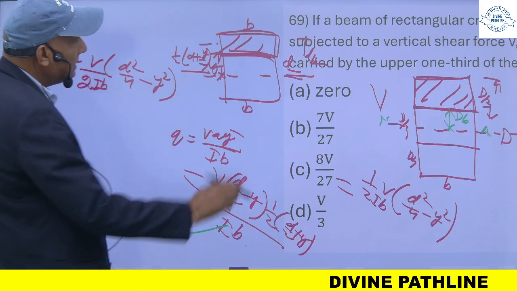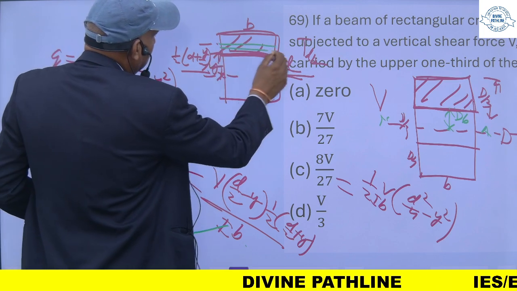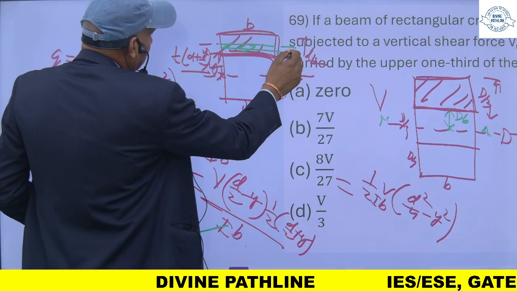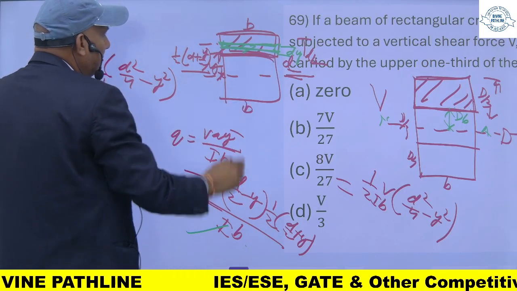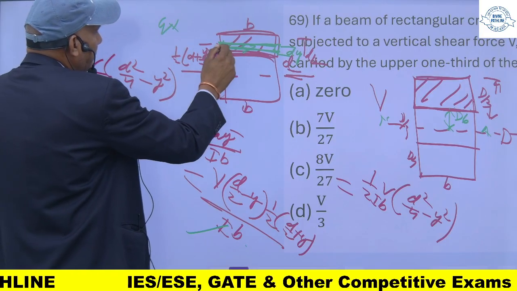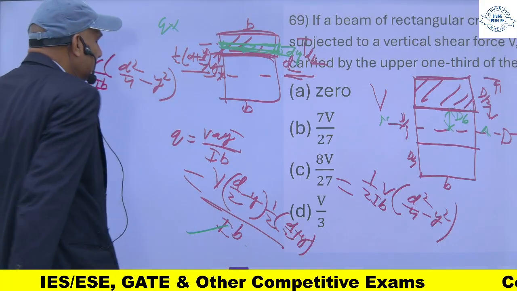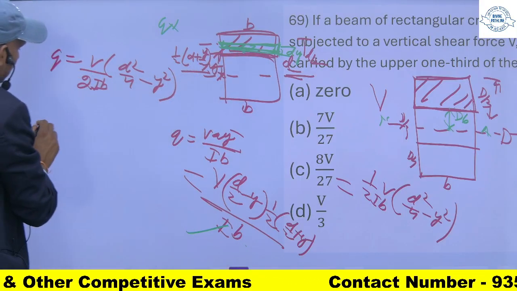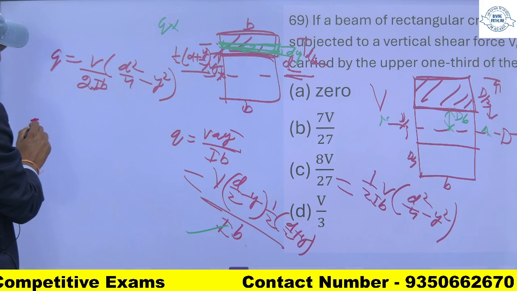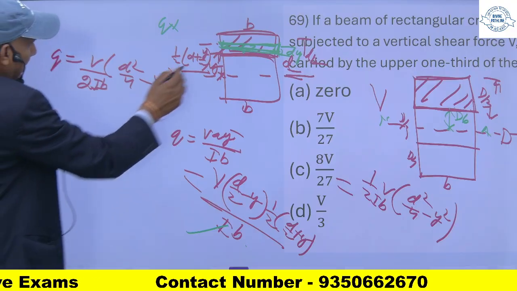Suppose I consider a small strip whose thickness is dy. The shear force carried by this strip will be q into b, the width, and dy, the depth. So I will multiply this by b into dy. That will be the shear force carried by this small strip.